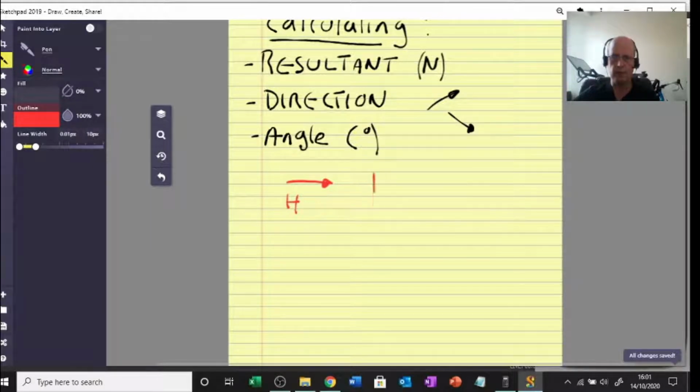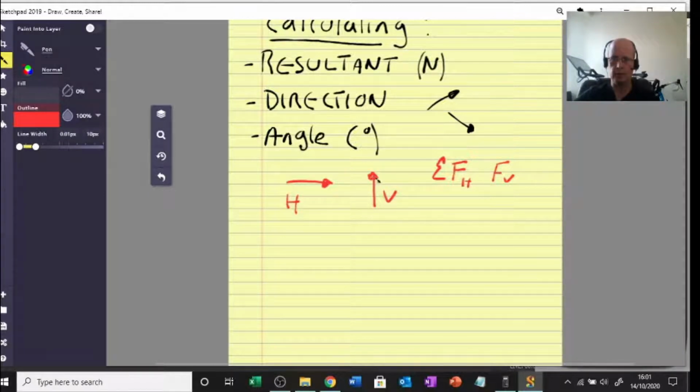Same thing with this, if it's vertical, we can easily add it up. Don't forget, we've got to add things up. So we can add up the sum of the forces in the horizontal direction, and we'll also add up in the vertical direction. That'll tell us the resultant force.